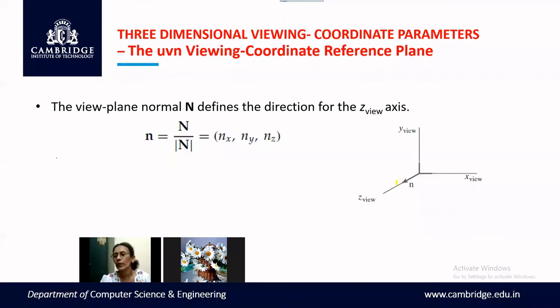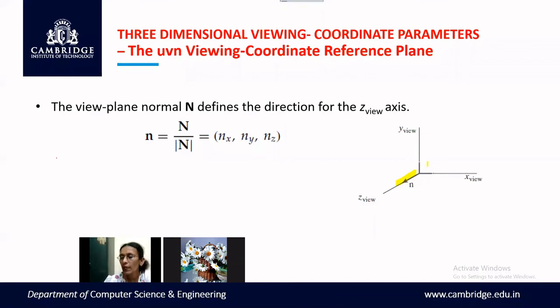We are viewing in this direction, so your normal vector is in the reverse direction. So this is your direction of the normal vector.